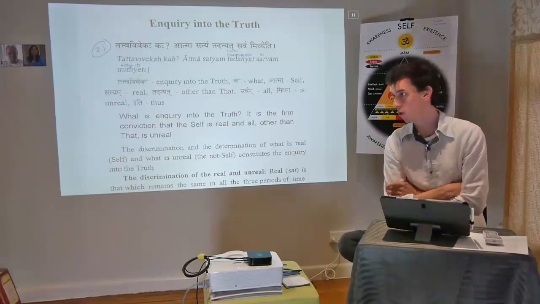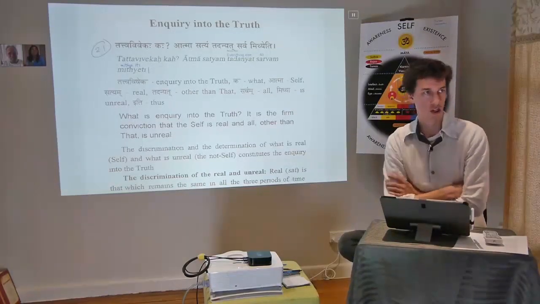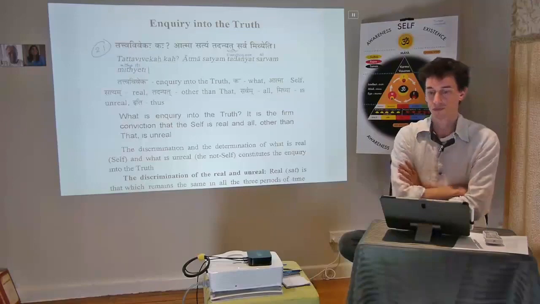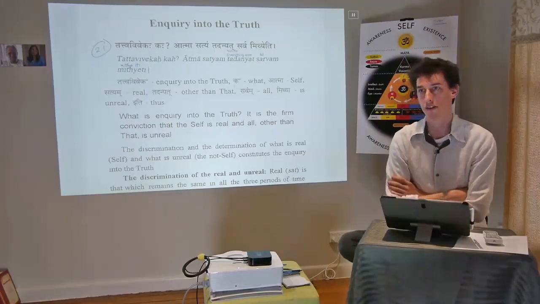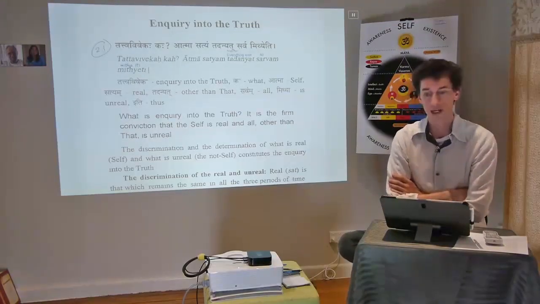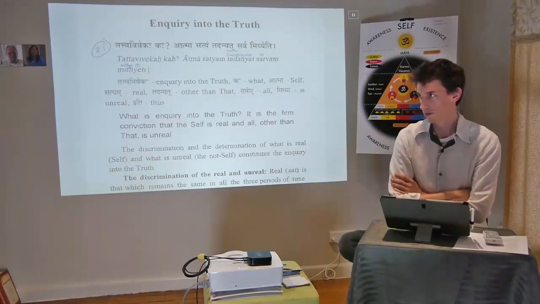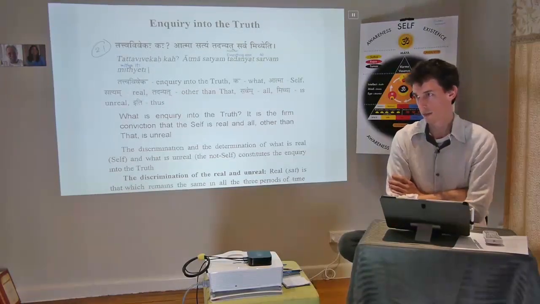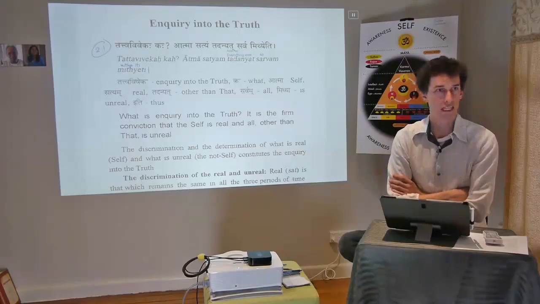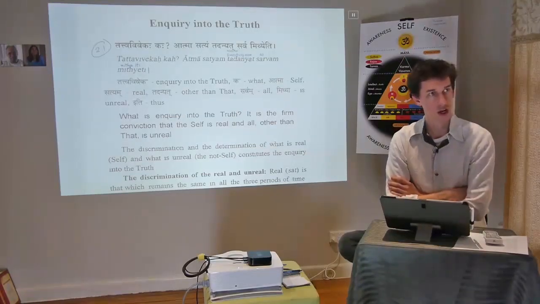I only became aware of the rope in knowledge. So, two properties of satya. One, I don't see the rope in ignorance, and two, I see the rope in knowledge.